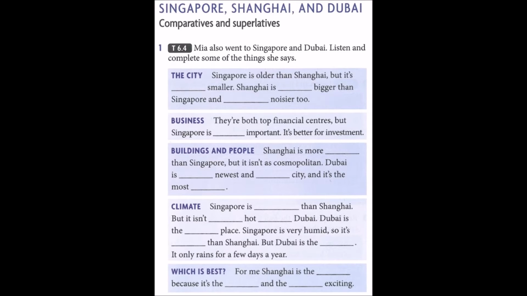But Dubai is the driest. It only rains for a few days a year. Where did you like most of all? Where was best for you? For me, Shanghai is the best because it's the busiest and the most exciting. There are so many things to do. The best restaurants, theatres, shops. It's got everything.